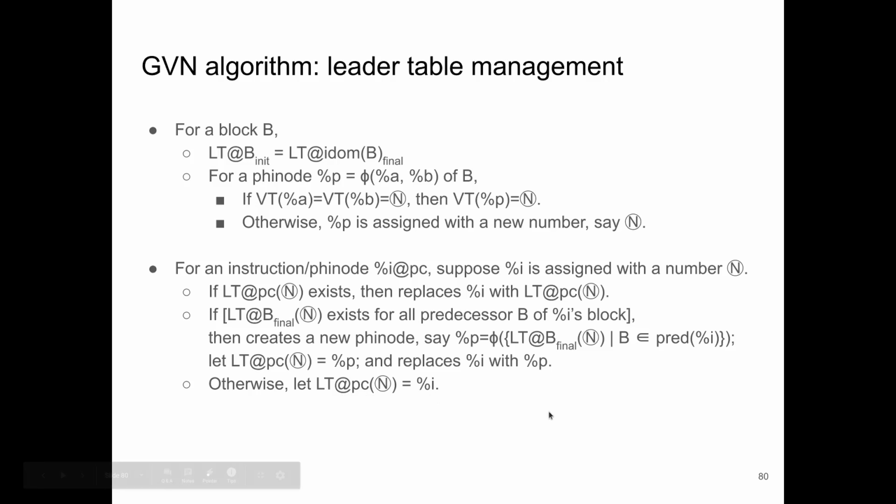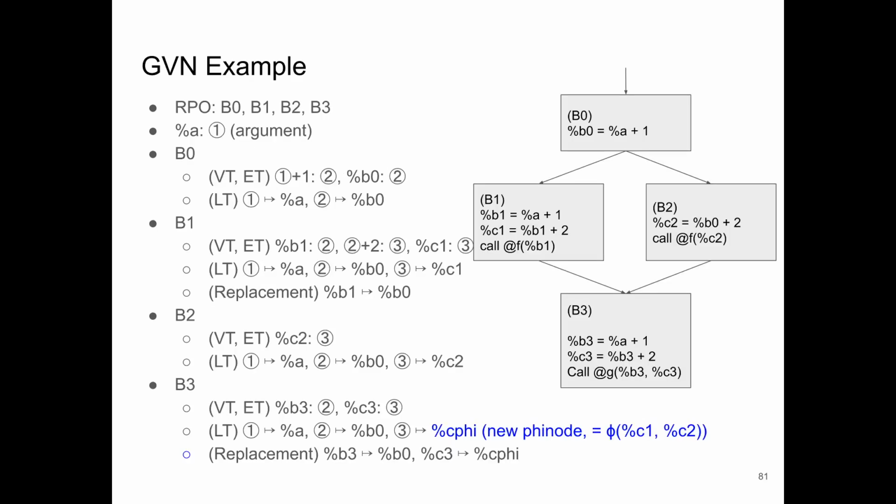Okay, this is basically the algorithm, and I'd like to conclude this video by looking at a simple example. What's going on for this GVN optimization for this simple example? So here we are going to calculate B equals A plus 1, and we're going to calculate B again here, and we're going to compute C using this B in the same block.